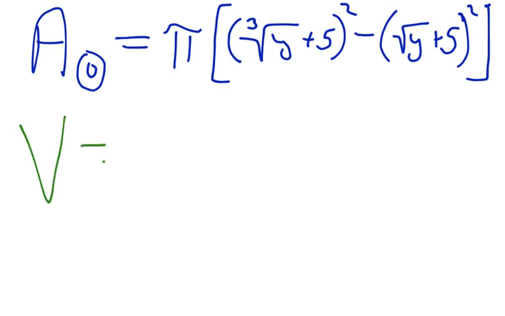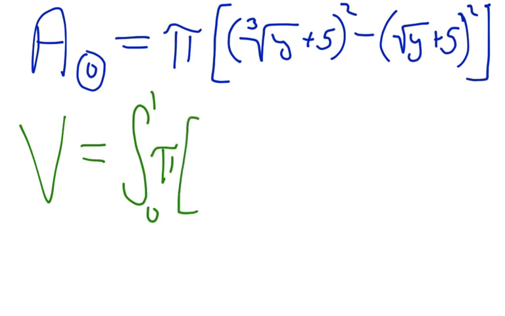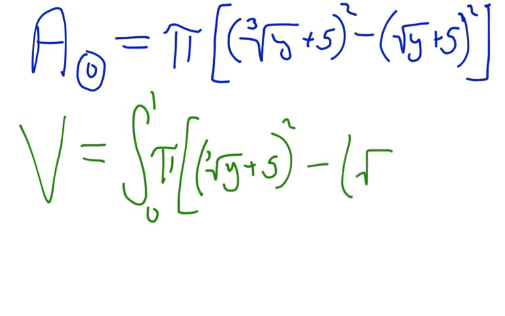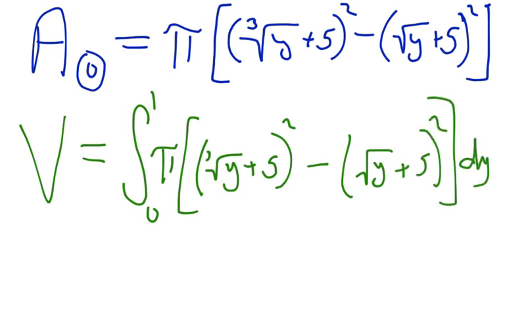So the volume is going to be the definite integral from 0 to 1 of this cross-sectional area, pi times the quantity cube root of y plus 5 squared minus the square root of y plus 5 quantity squared, and of course don't forget your dy.